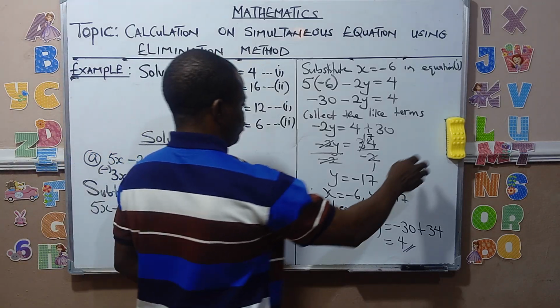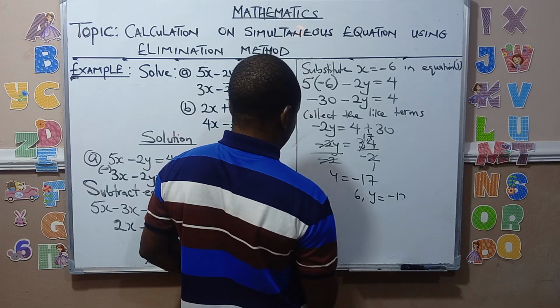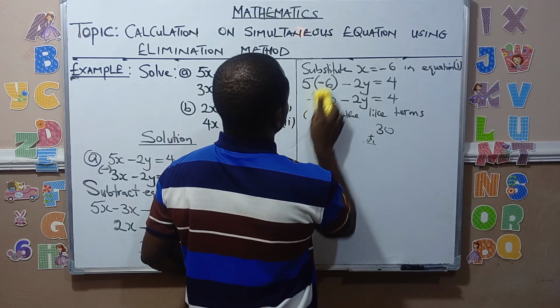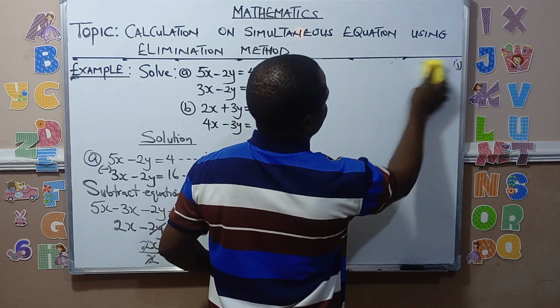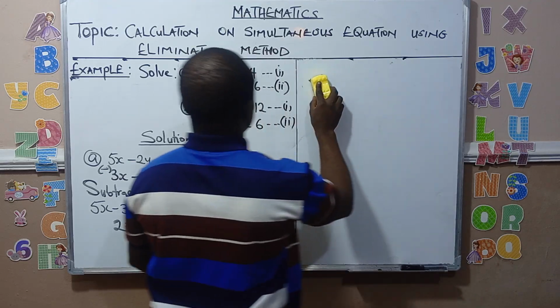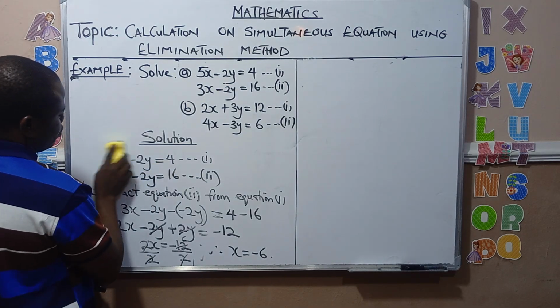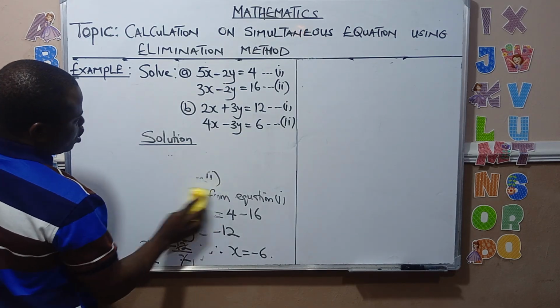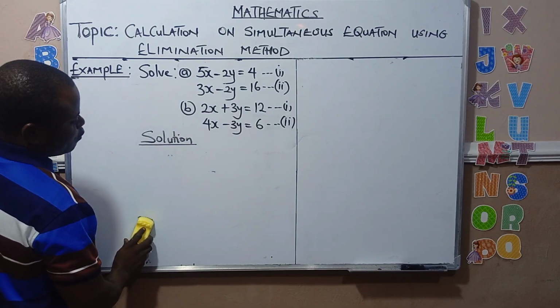Now let's solve the second equation. This is the elimination method. You eliminate x or y from the equation. In this case, you have to eliminate y so that you can get x first.